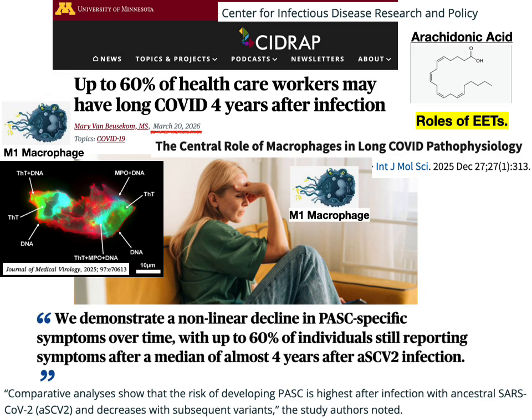Comparative analyses showed that the risk of developing PASC is highest after infection with ancestral SARS-CoV-2 and decreases with subsequent variants, the study authors noted. And again, this important review from 2025, the central role of macrophages in long COVID pathophysiology.